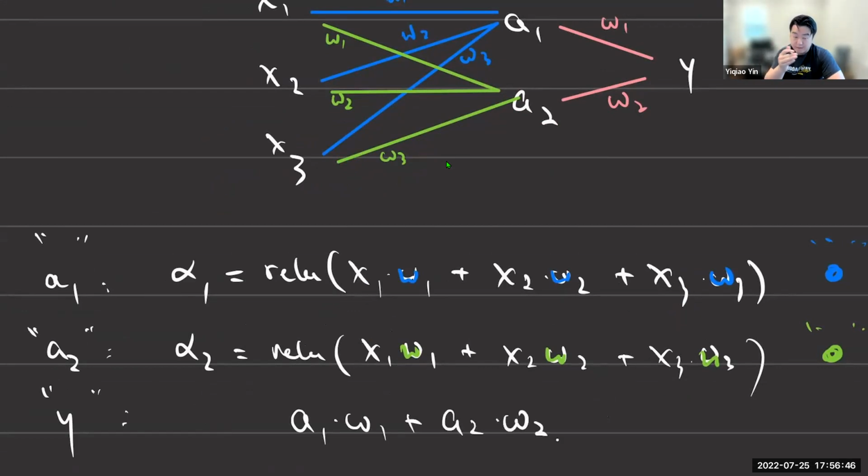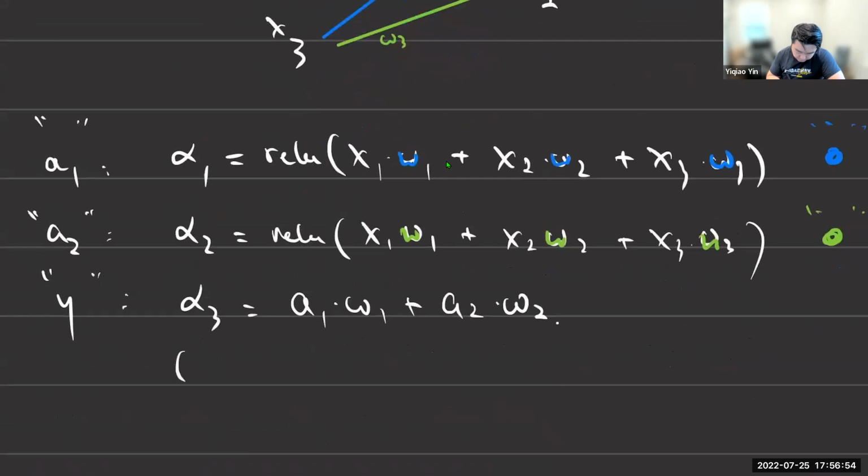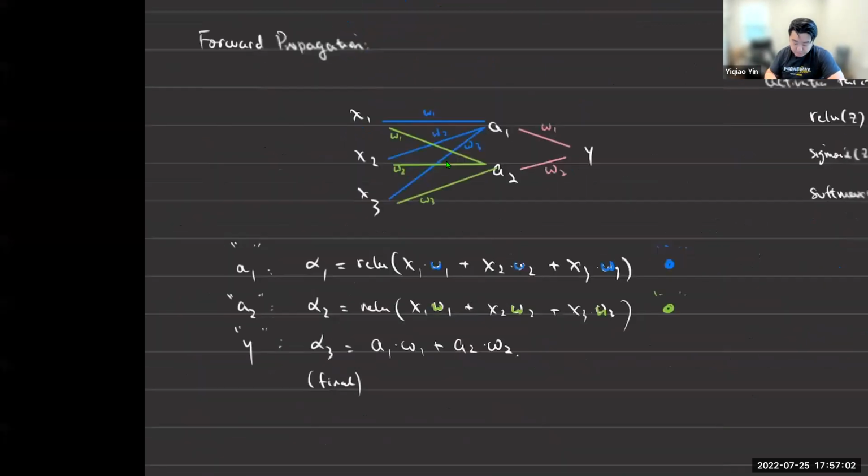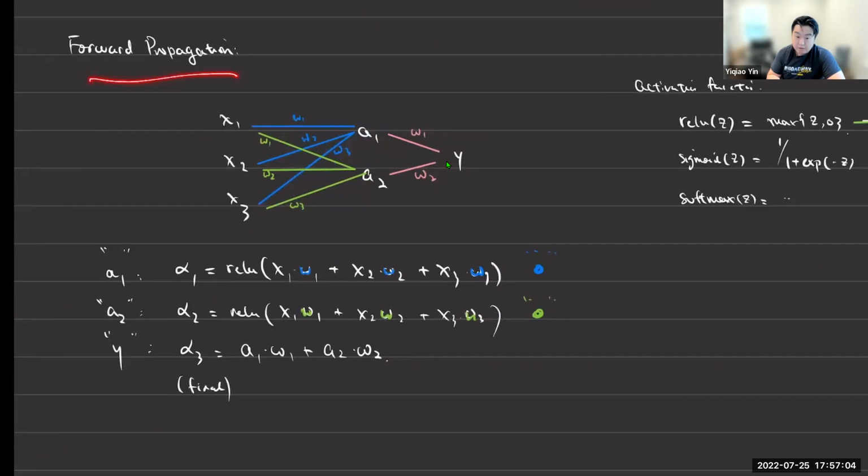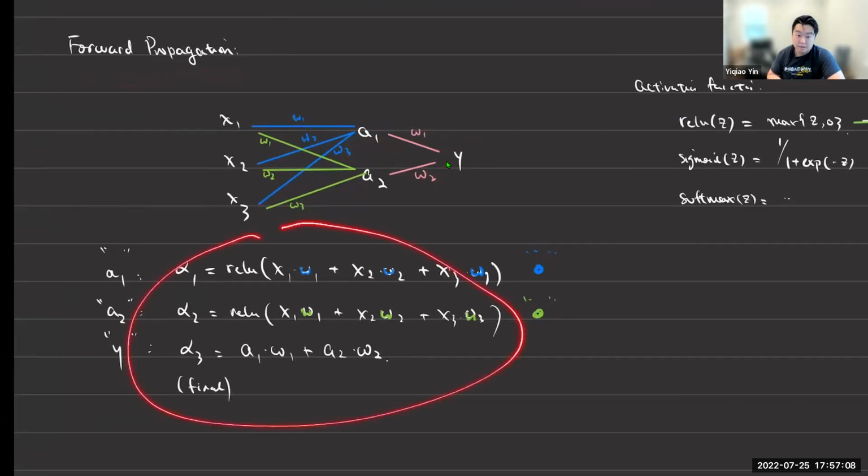Whatever output that is, that's going to be the final one. So you can call this alpha 3, and this alpha 3 is going to be your final output. You can treat this as the end of forward propagation. So when we say forward propagation, we are referring to exactly these formulas.